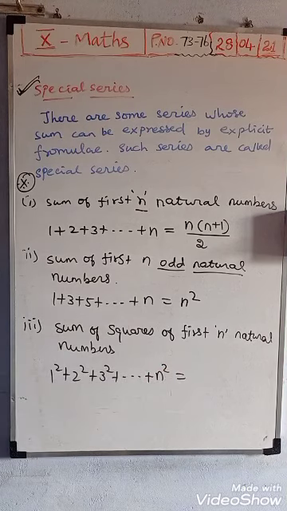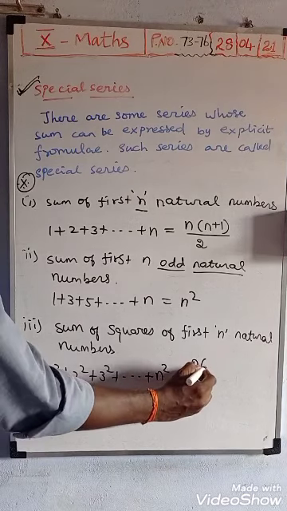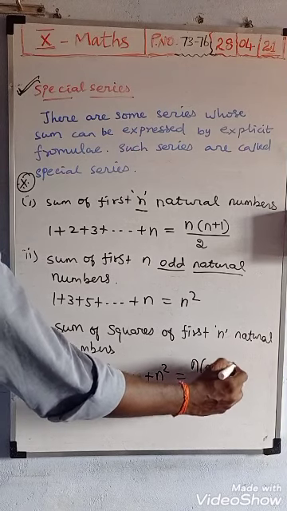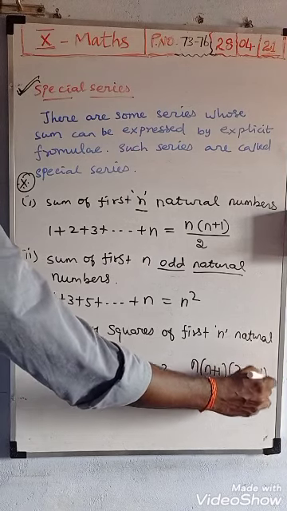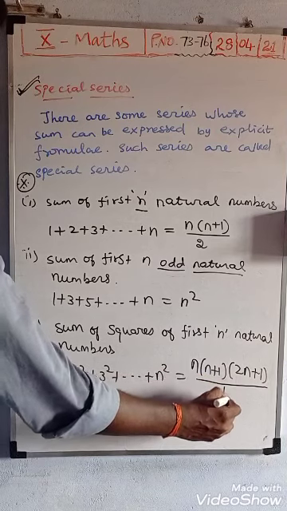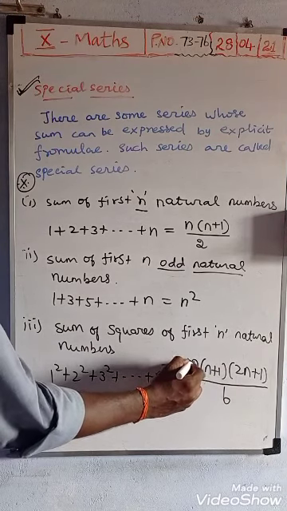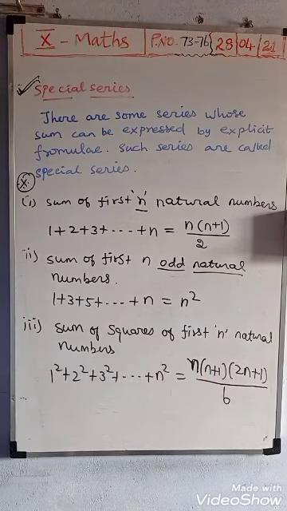Squares of natural numbers up to n terms you add. What is the formula? n into n plus 1, 2n plus 1, all divided by 6. This is the formula for the sum of squares of first n natural numbers.